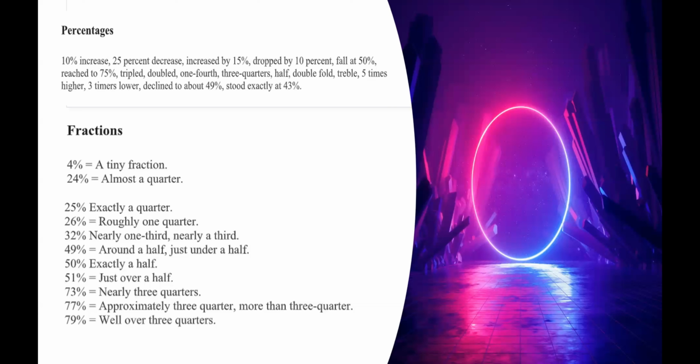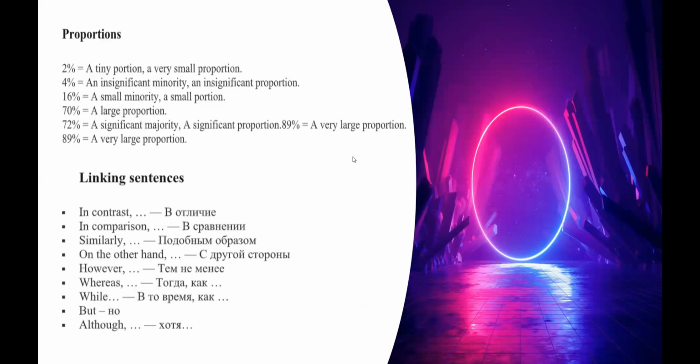It is about, a paraphrase. Rather than 25%, exactly a quarter. Right? Yes. In contrast, in comparison, similarly, on the other hand, however, whereas, while, but, although: linking sentences, you need to use.